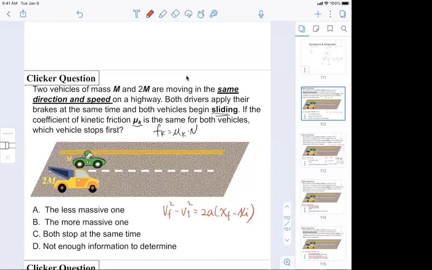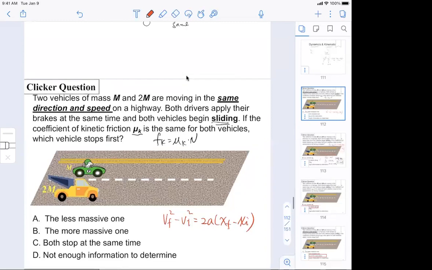Okay, 15 more seconds. If you haven't voted, please put in your vote.